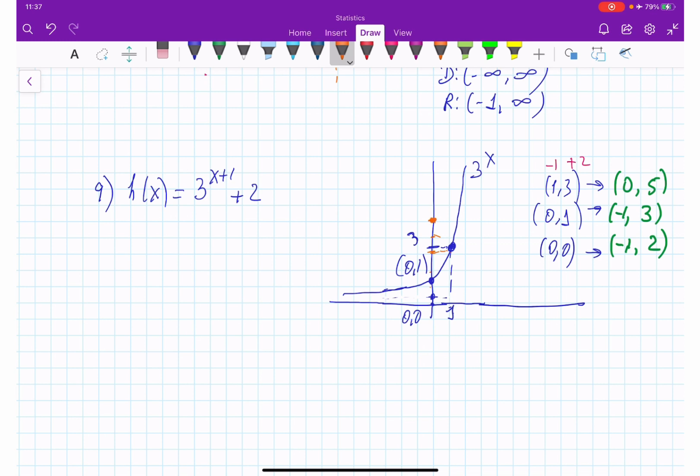Okay, this is 5. 0, 5, the 1 point, and then I have -1 and 3. This is 3, this is -1. So -1 and 3, to write this point. And I have -1 and 2. 1 and 2, it's coming.